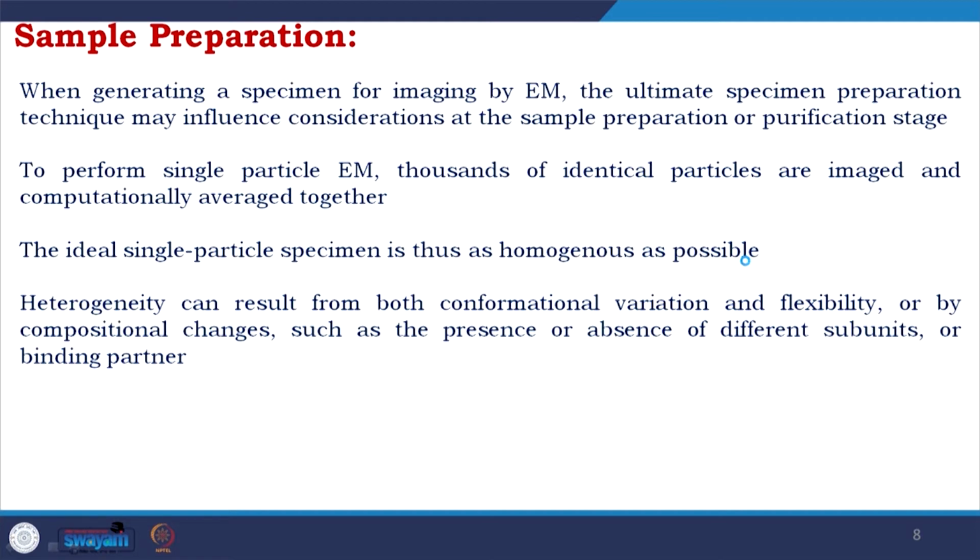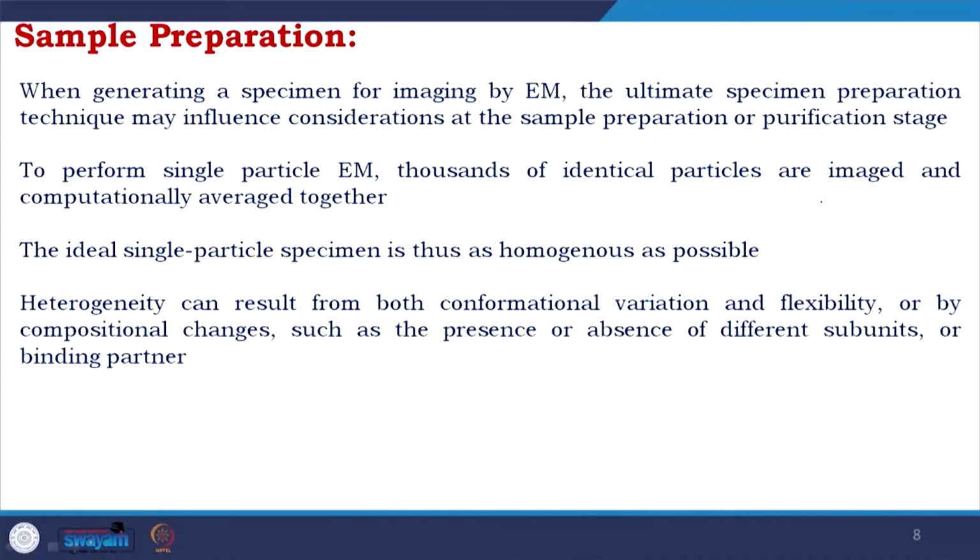So, if you are going to construct scenarios where you have a complex, you know these groups make these complexes, and you want to see it in the absence of some partners. Say you have 5 units or 5 binding partners, and one is big enough to start with single molecule electron microscopy.